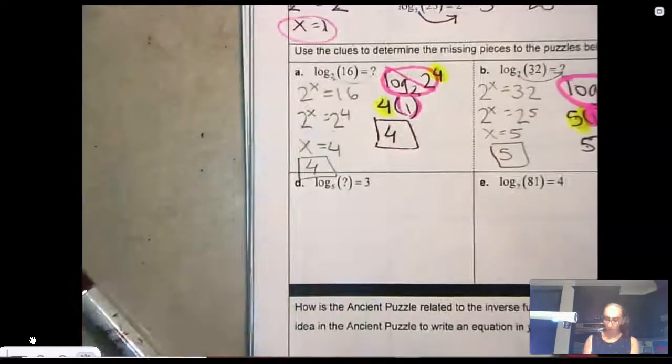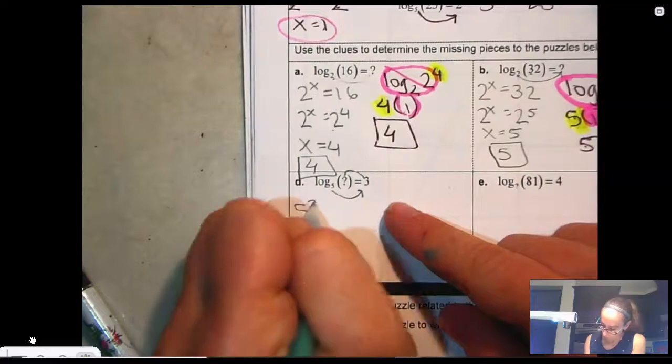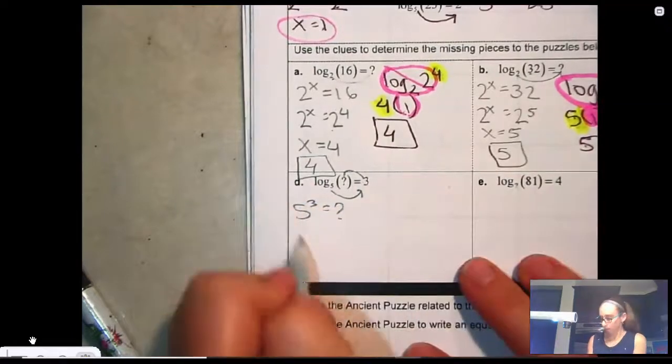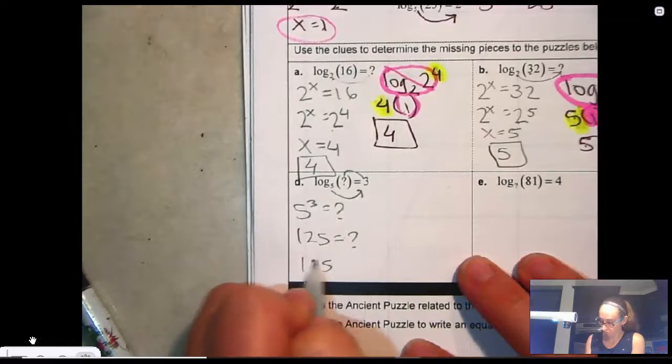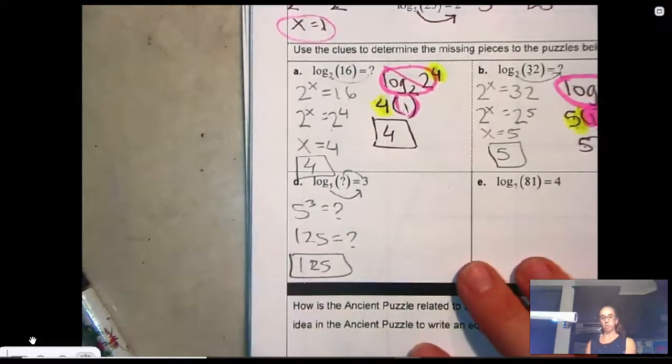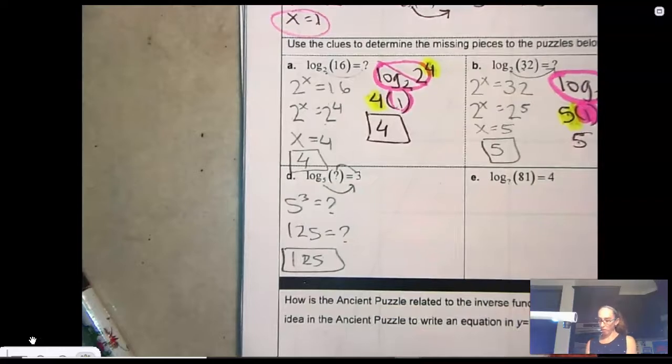Okay, let's go to this one. This one, let's see. They're saying change this to exponential. 5 cubed equals question mark. Well, 125 equals question mark, and 125 is the answer. Okay. Now, what would the question mark have to be?